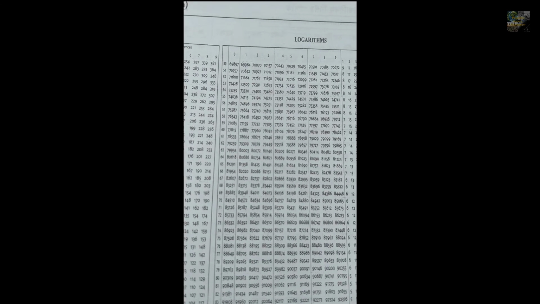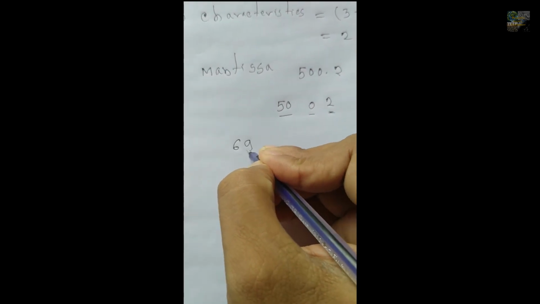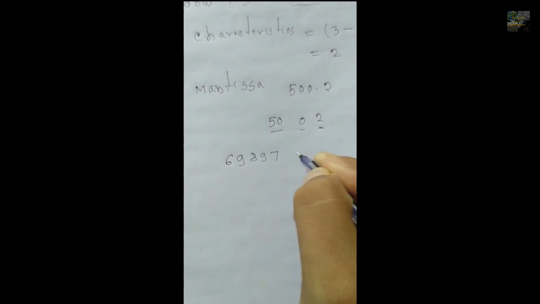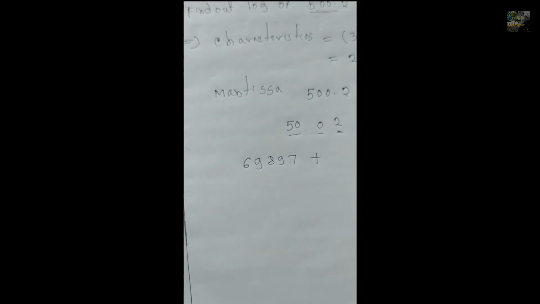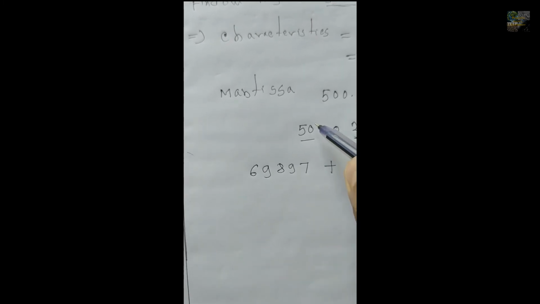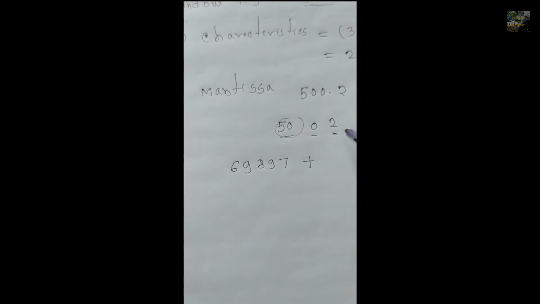So the value will be 69897. So here I am writing 69897, and plus we have to identify the mean difference, where the row is 50 and the mean difference digit is 2.